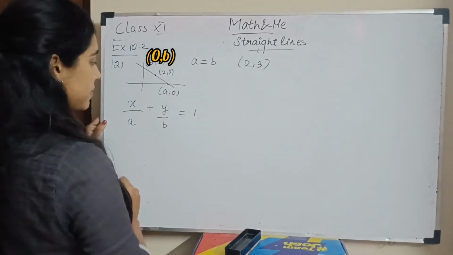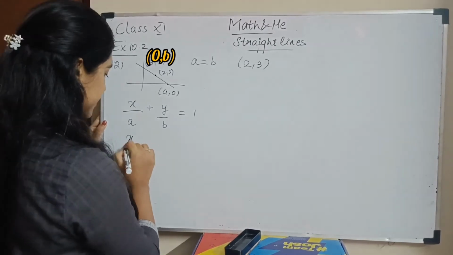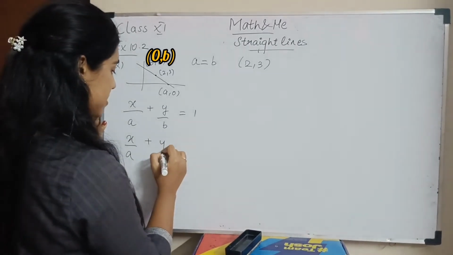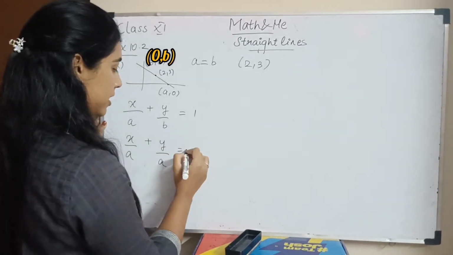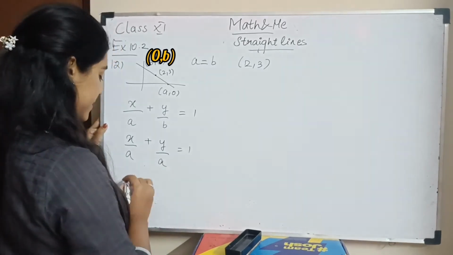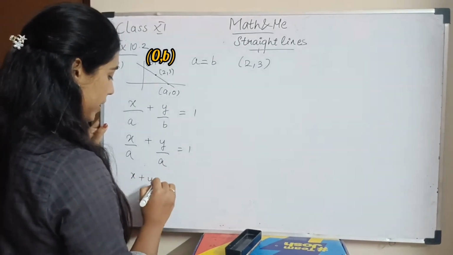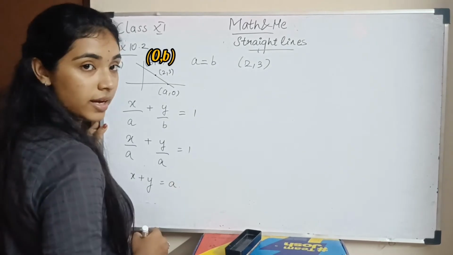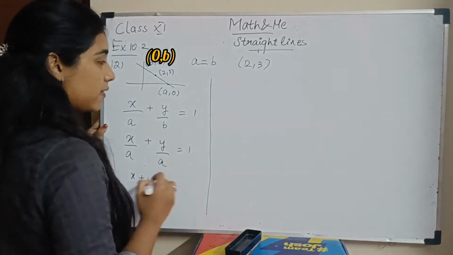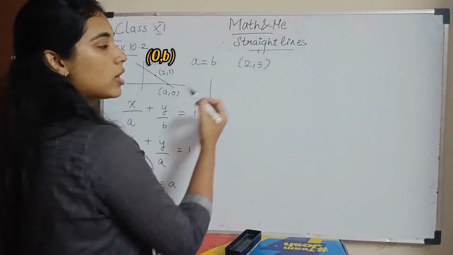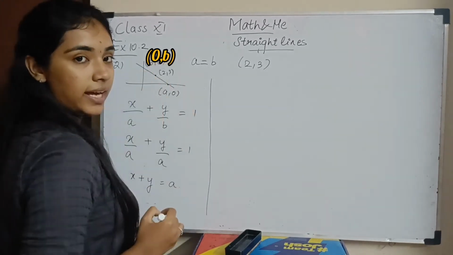So when you try to simplify this, what do you get? x divided by A plus y divided by A equals 1. When I try to take the LCM, what do I have? x plus y equals A. In the question, it is said that (2, 3) lies on the line.